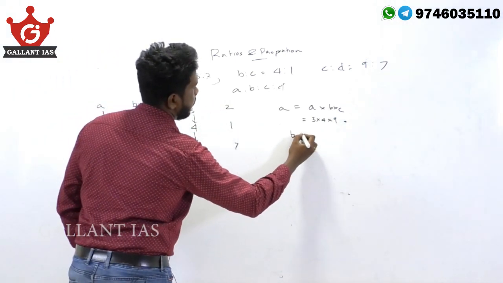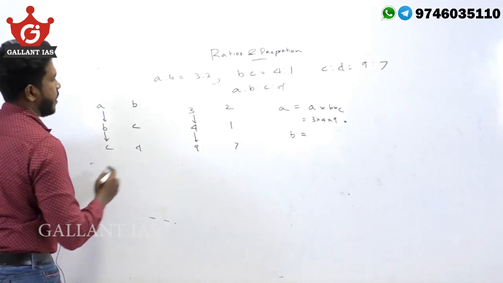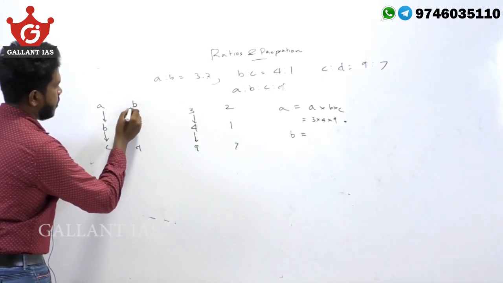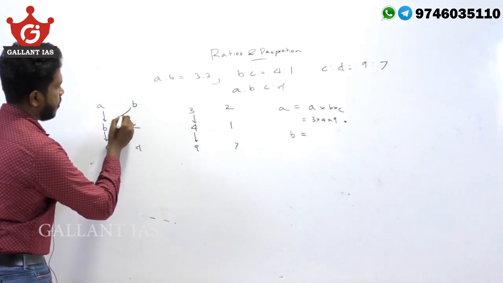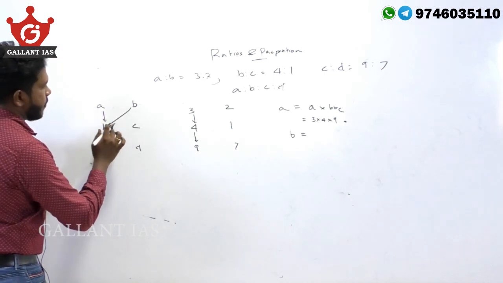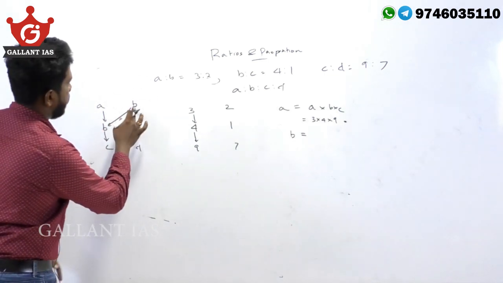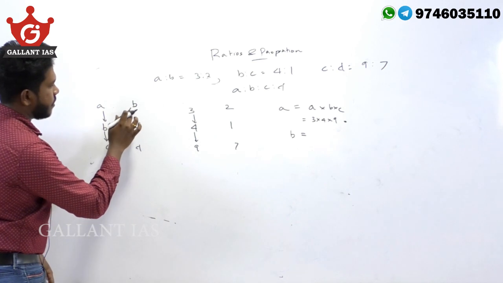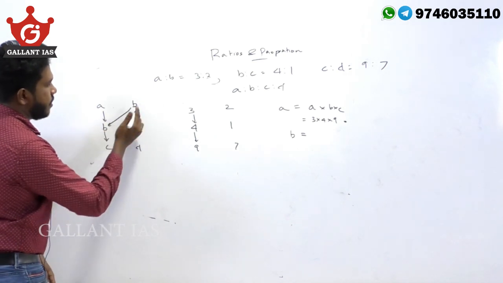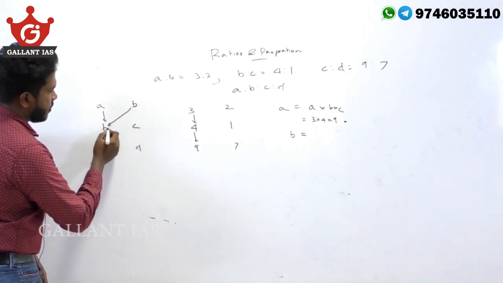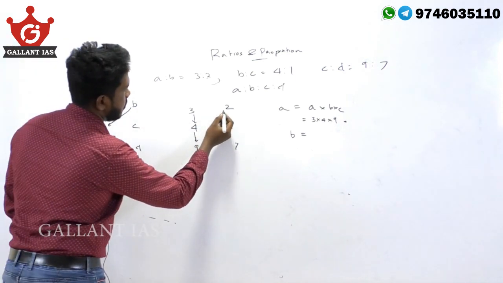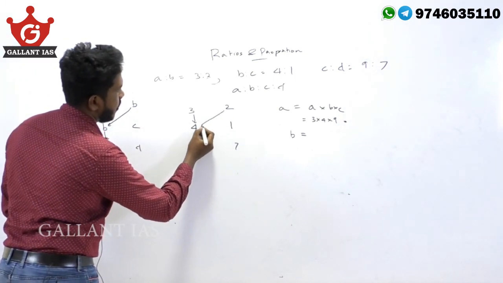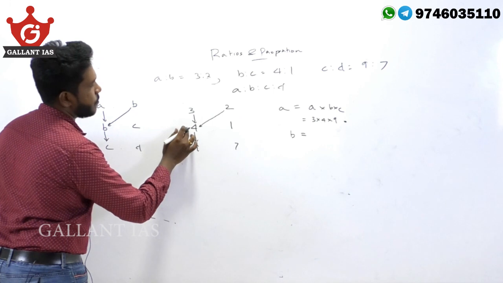Now find the value of B. In order to find the value of B, go like this. From here, multiply the second, that is multiply this B value to this B. Okay. That is B to B, then B to C. That is here 2 to 4. Here the B's value is 2 and here the B's value is 4.